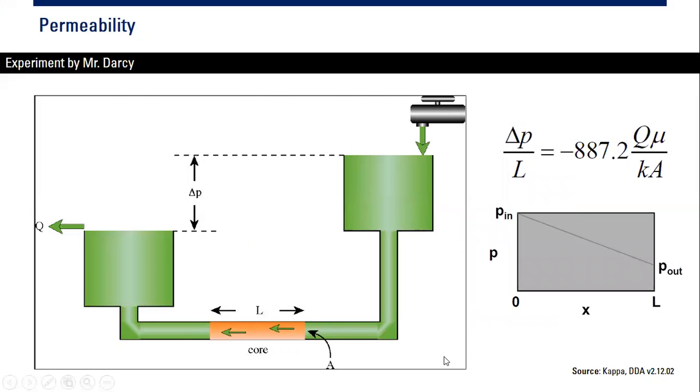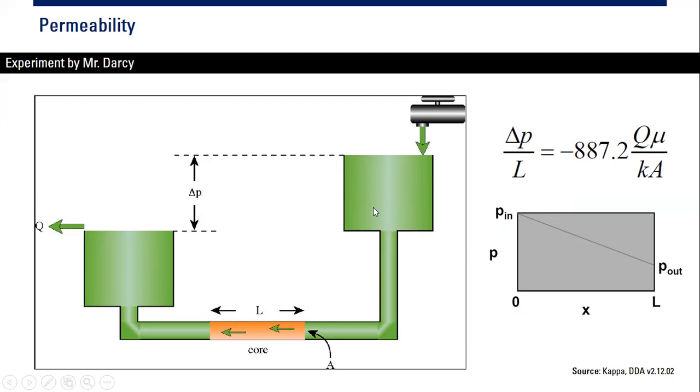And then based on theoretical experimentation, we can get permeability using this experimentation. This was done originally by Mr. Darcy, from whom we get the unit millidarcy. So Mr. Darcy conducted this experimentation. He has this connected pipe, the first one with the reservoir in the right side and then the left side.